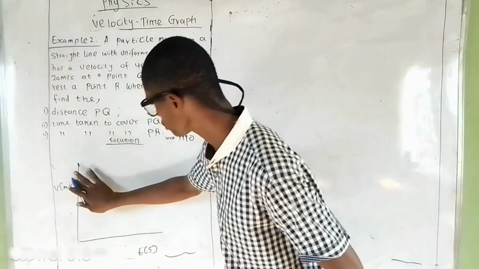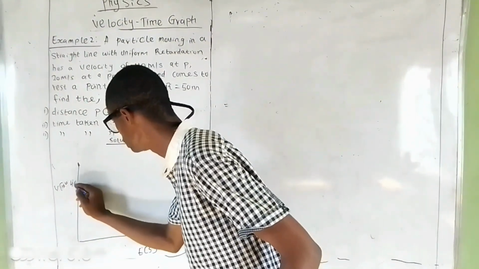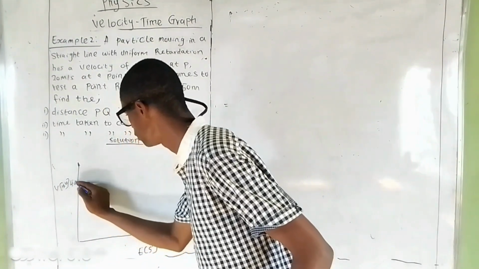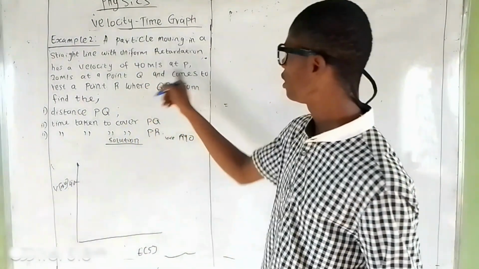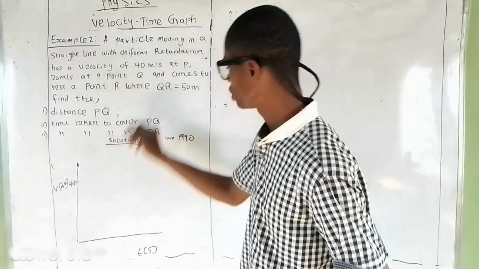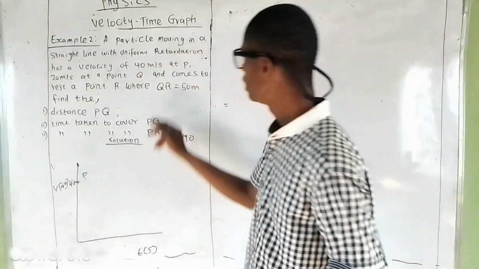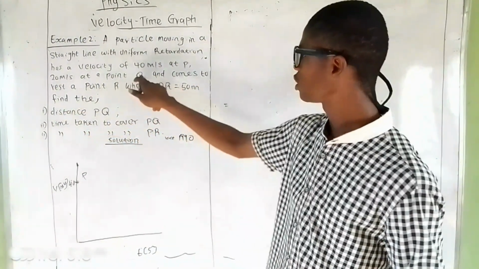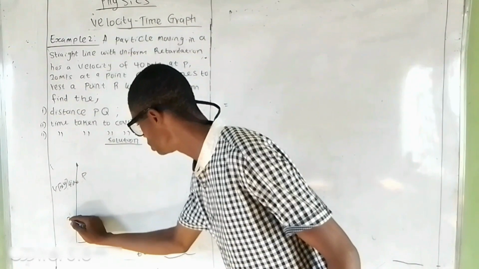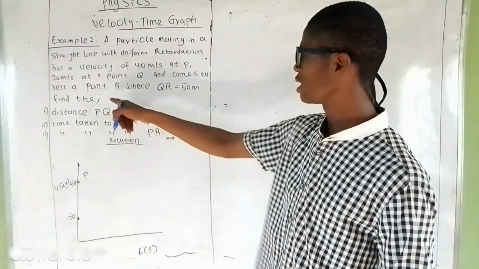So it means 40 was here. 40 was at point P. It is 40 at point P, and then at point Q, it was 20, somewhere here. And it comes to rest at point R.